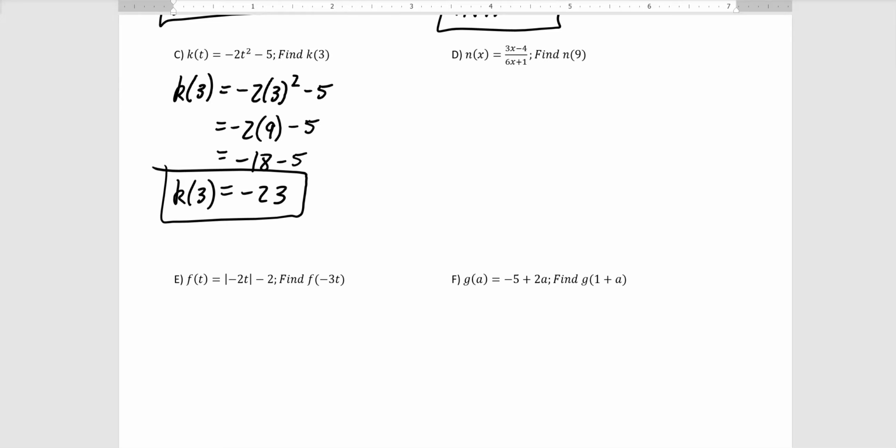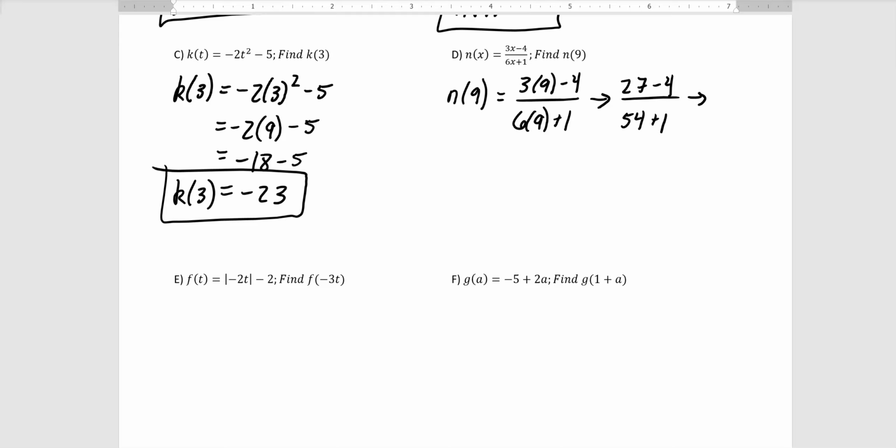Oh, cool. Notice we have multiple x's in here, so 9 will replace both of those. So we'll say n of 9 equals 3 times 9 minus 4, over 6 times 9 plus 1. All right, 3 times 9 is 27 minus 4. 6 times 9 is 54 plus 1. 27 minus 4 is 23. 54 plus 1 is 55.